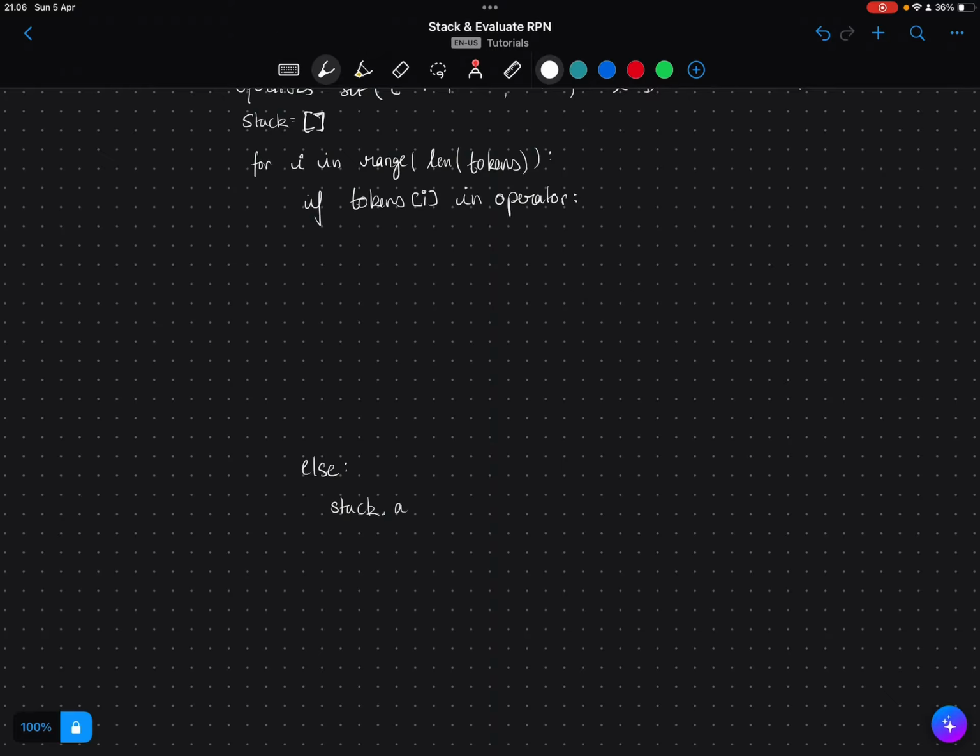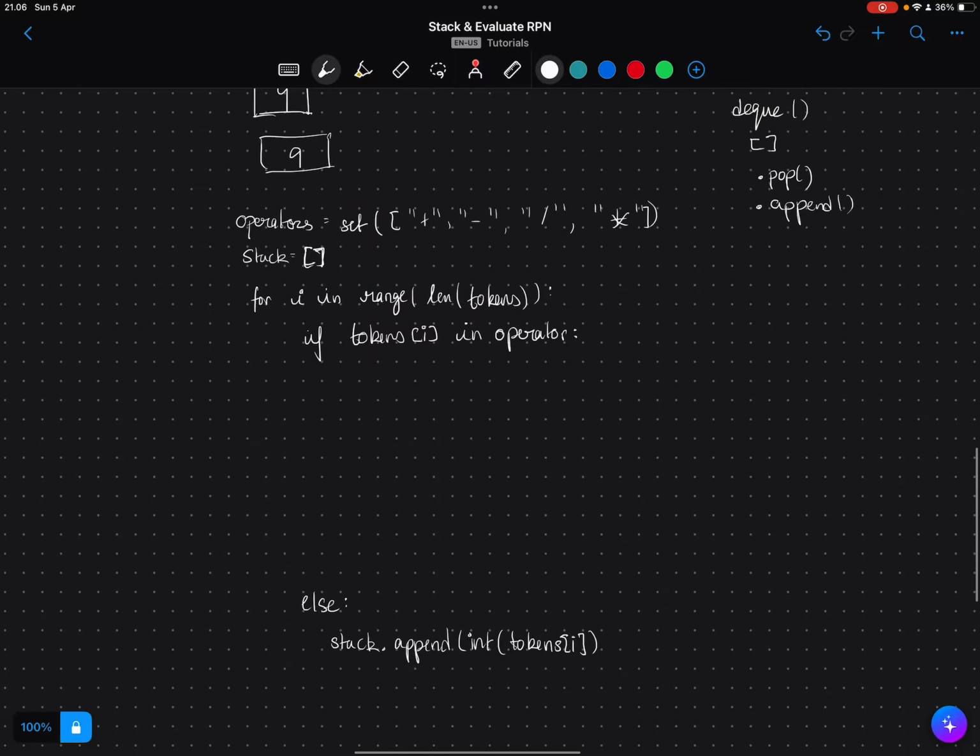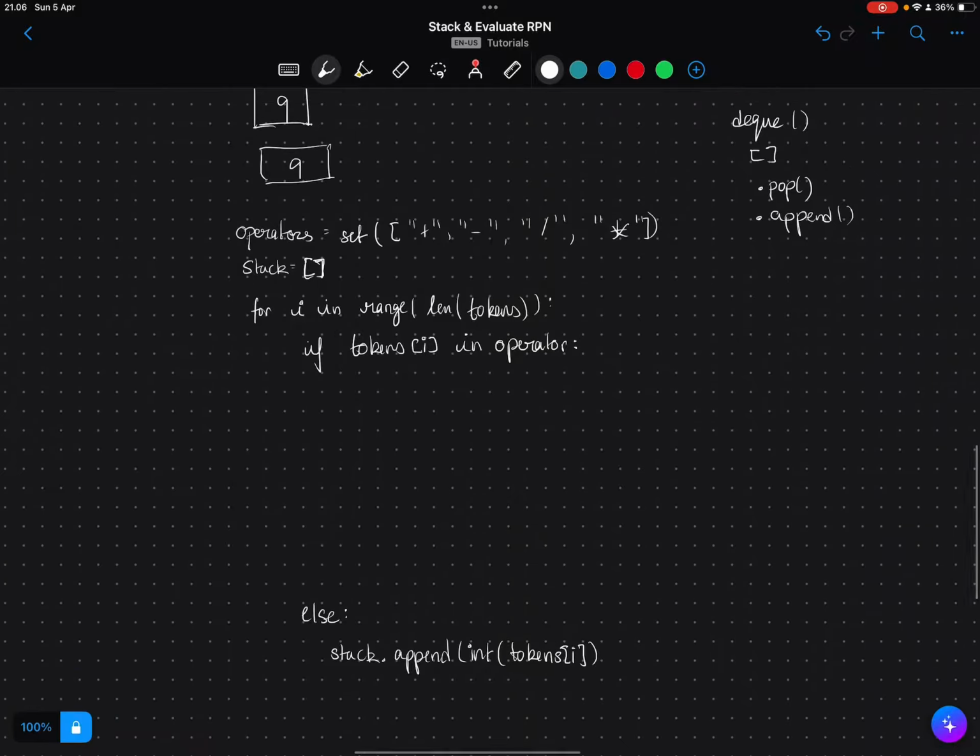If not, then obviously we'll want to keep track of the operands that we have. So we'll just simply append the integer version, right, to keep things simple, into the stack. Alright, now if we have the operator, let's see. So I won't write down the, no, actually I'll just write it down, no worries.